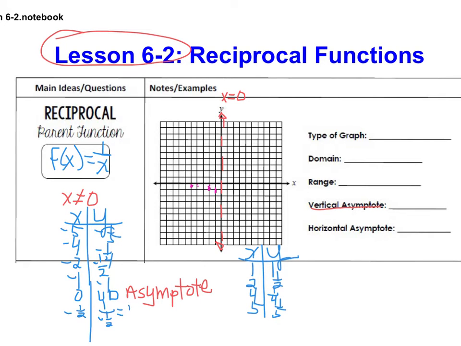So I keep the 1 in the numerator, change division to multiplication, and I flip the denominator, which is the reciprocal. The reciprocal of -1/2 is -2. So if my denominator is -1/2, the value of that fraction is going to be -2. So when x is -1/2, y is going to go all the way down to -2.